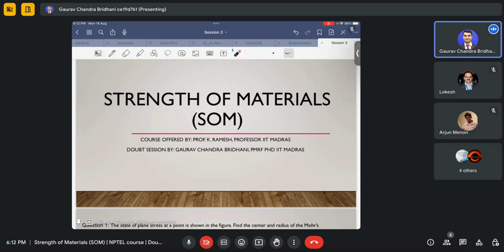I have one more request, that from now onwards, for subsequent sessions, please have your scientific calculator with you, because it will be very helpful. Once you do it yourself while solving, because there is an ample amount of time here, 2 hours, we can solve at a medium pace.